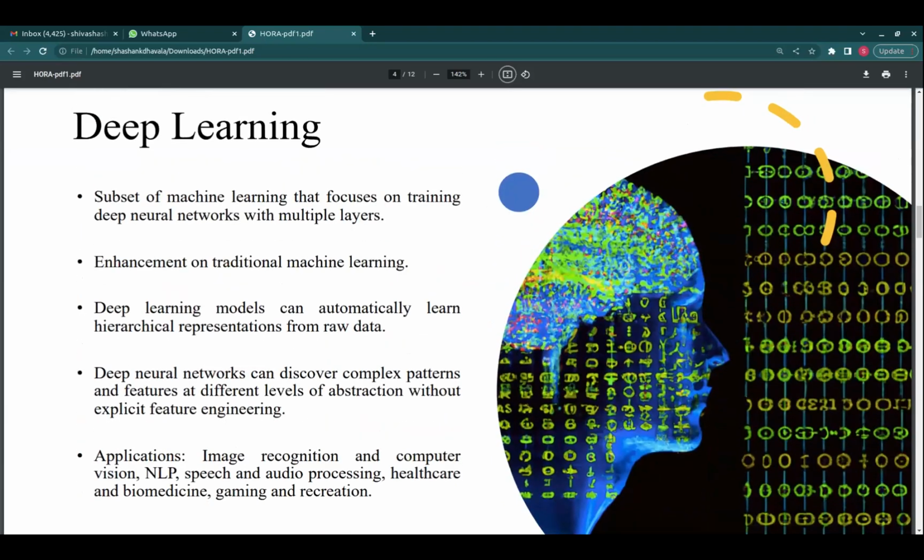In order to understand why deep reinforcement learning is important, I think it is also important for us to understand what deep learning is capable of, what RL is capable of, what the shortcomings are individually, and how they can perform better when combined. If we look at deep learning, I think most of us know that it is a subset of machine learning that focuses on training deep neural networks with multiple layers.